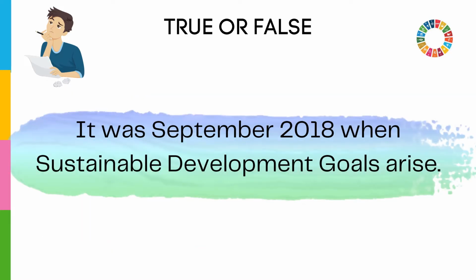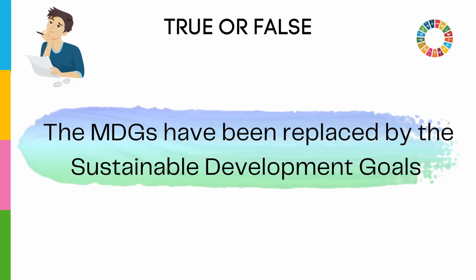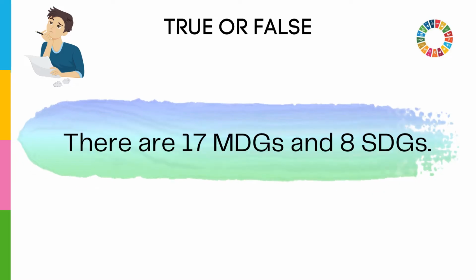Second statement. It was September 2018 when Sustainable Development Goals arise. True or false? Next, the MDGs or the Millennium Development Goals have been replaced by the Sustainable Development Goals. Number 4.